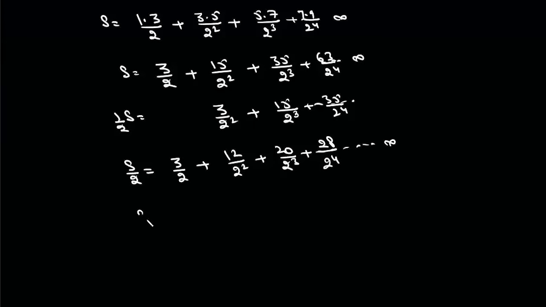Now again we write the same series, multiplying it with its common ratio 1 by 2 and displacing it by one term.